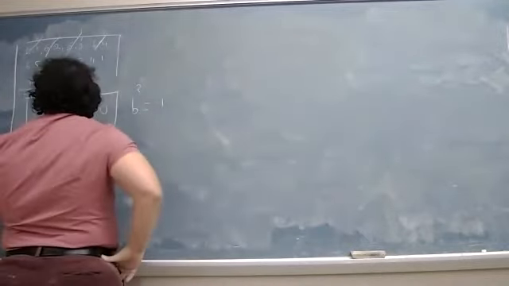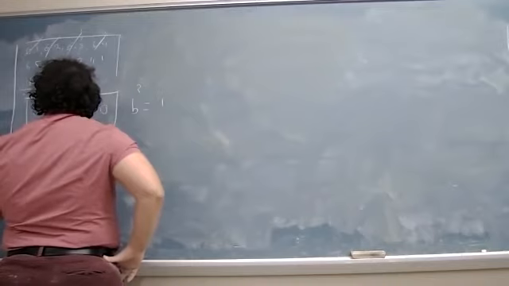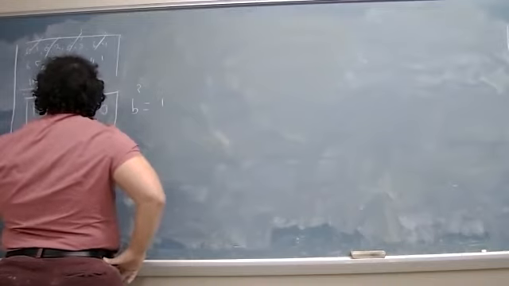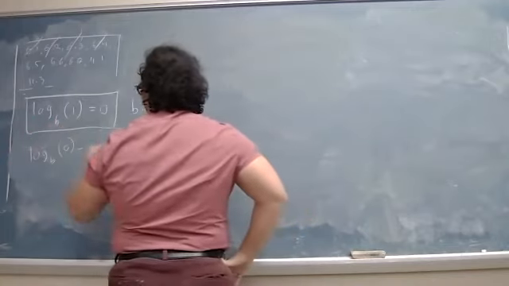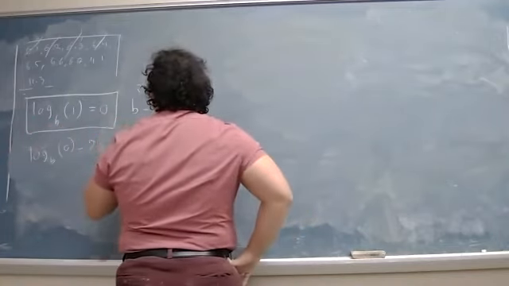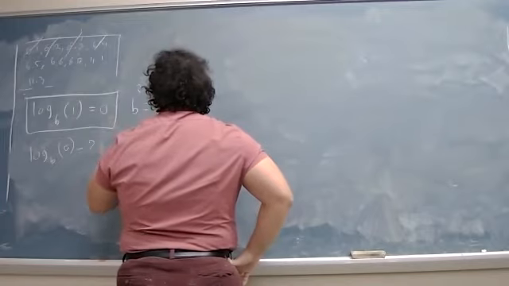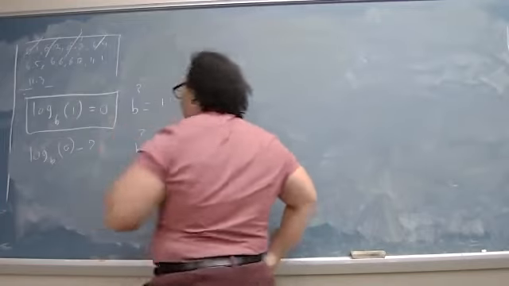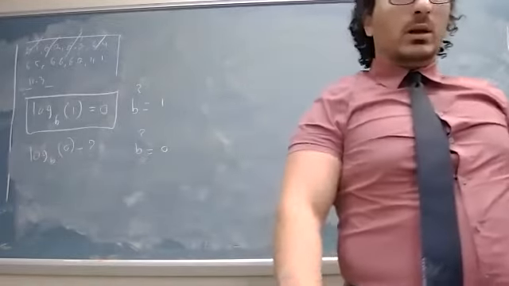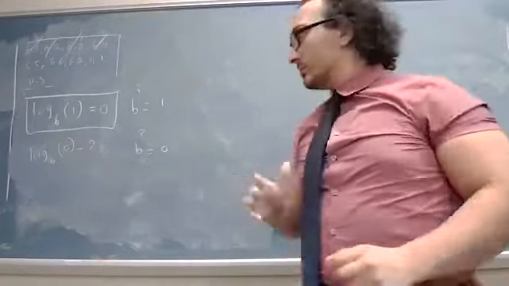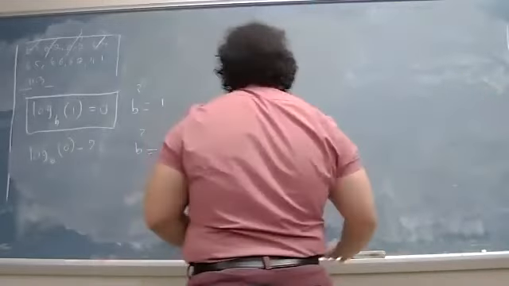What is the log base b of 0? Well, that's a question. It's saying b raised to what power will cause it to equal 0? But we discussed that that's part of defining the domain.